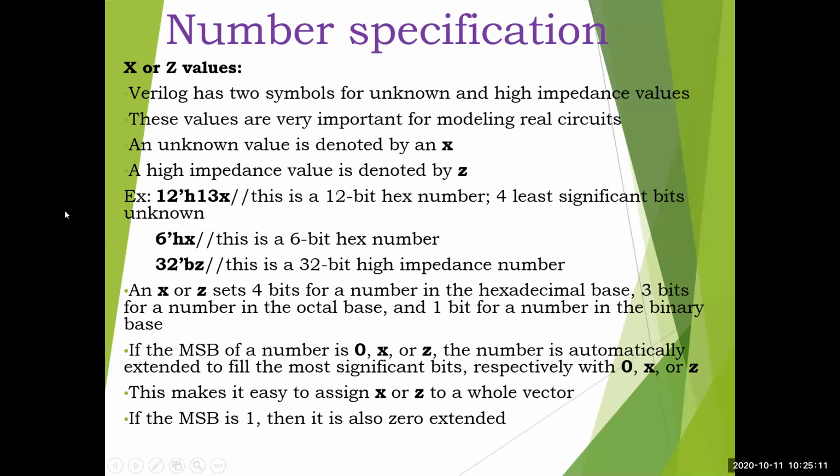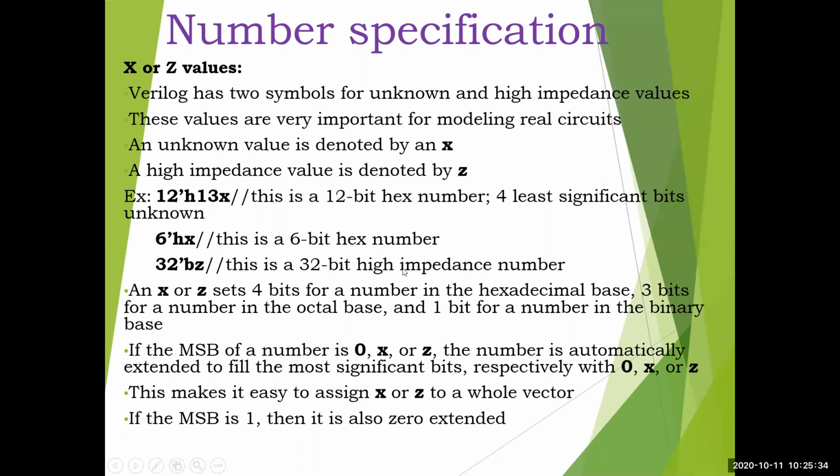If you consider the example, size is 12, base format is hexadecimal, 13x. This is a 12-bit hex number. The 4 least significant bits are unknown. 13 is known, x is unknown, 4 bits are unknown. Similarly here, this is a 6-bit hex number, and it is unknown.